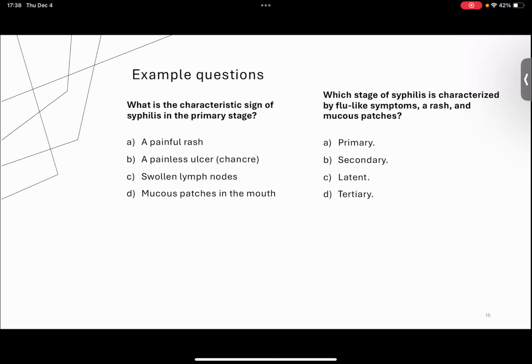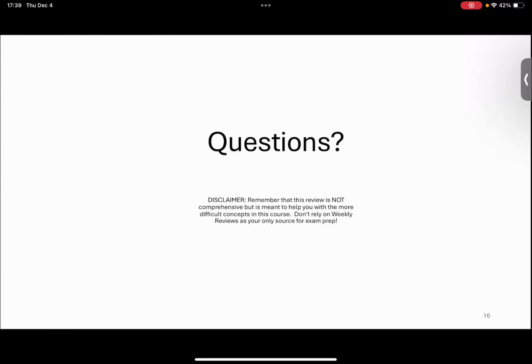And tertiary syphilis is where we start seeing the development of gummas, neurological symptoms, damage to tissues in the body, and eventually death. So when you see flu-like symptoms and a rash and maybe mucus patches in the mouth, that is secondary syphilis.